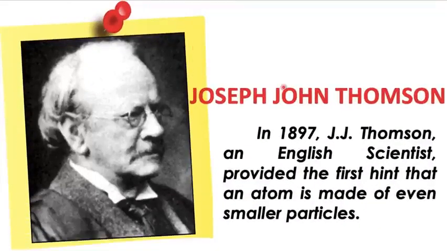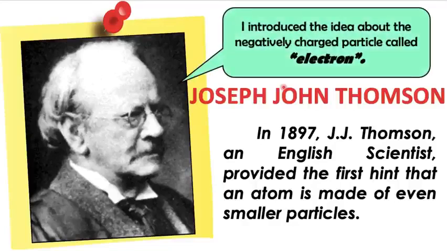Next, Joseph John Thomson. In 1897, J.J. Thomson, an English scientist, provided the first hint that an atom is made of even smaller particles. Additional information: he introduced the idea about the negatively charged particle called electrons.